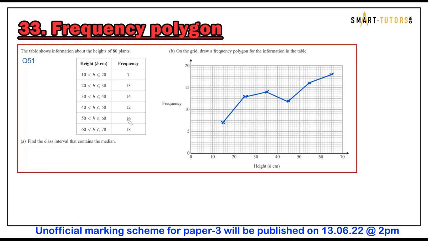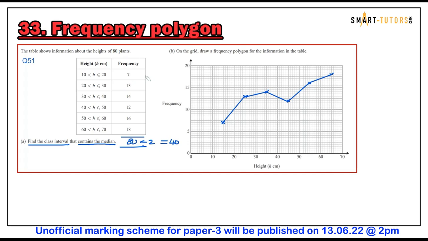Question number 51, the table is given. They're asking, find the class interval that contains the median. Median is the middle value, so you need to look at all these numbers and find out what is the total frequency. Already given is 80. Half of 80, divide by 2, is the 40th data.